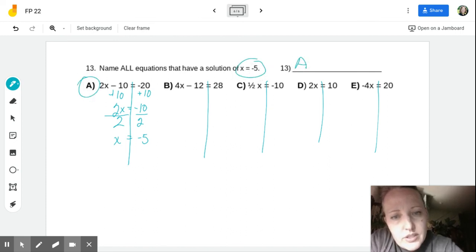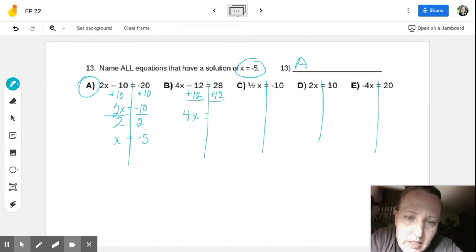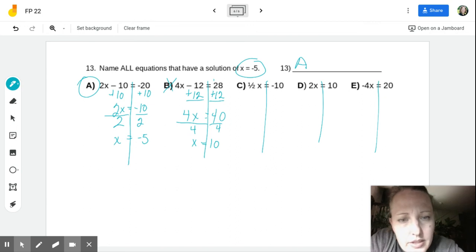So far, so good. Let's add 12. Okay, so 4x equals 12. Divide by 4. X equals 3. Nope, doesn't have x equals -5. Now, I'm going to do this one. Half of something is -10. To undo that multiplication, I'm going to multiply by 2.